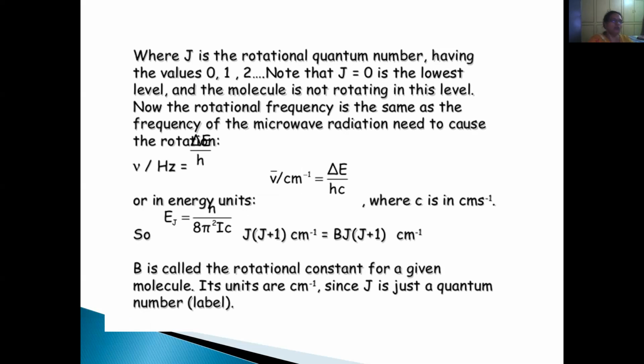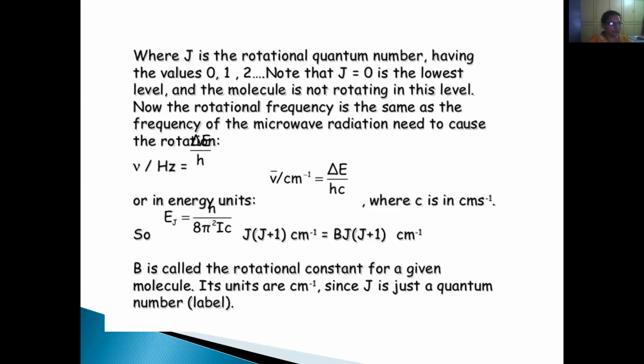Now the rotational frequency is the same as the frequency of the microwave radiation needed to cause the rotation. So nu is equal to delta E by h. Here nu bar is the wave number; we have frequency, then wavelength, then wave number.